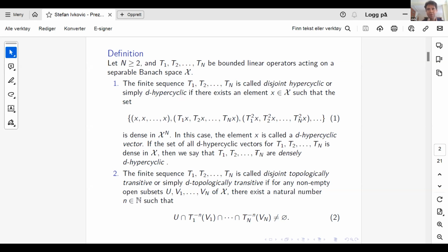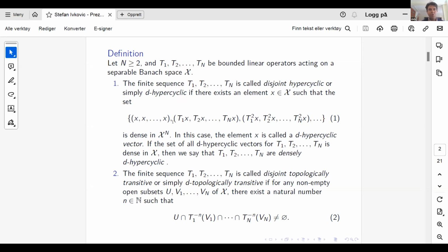So you can have one D-hypercyclic vector, but it could happen that the set of all these hypercyclic vectors is dense in the whole space X, and in that case, this finite sequence of operators is densely D-hypercyclic. This is the concept which we will mainly be interested in for the rest of this talk.